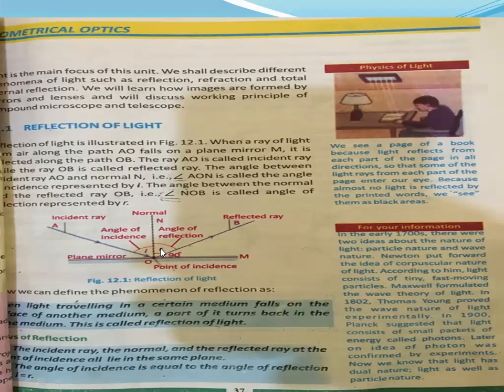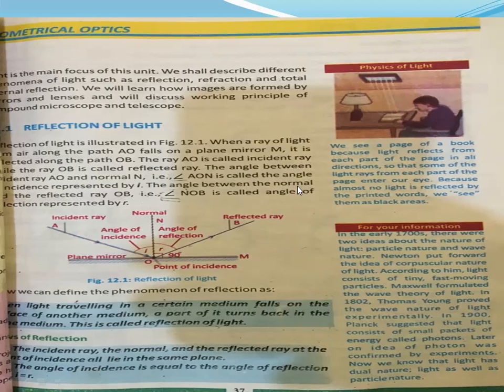The angle of reflection is denoted with small r, and the angle of incidence with small i. So angle AON is the angle of incidence represented by i. The angle between the normal and the reflected ray OB is called r.